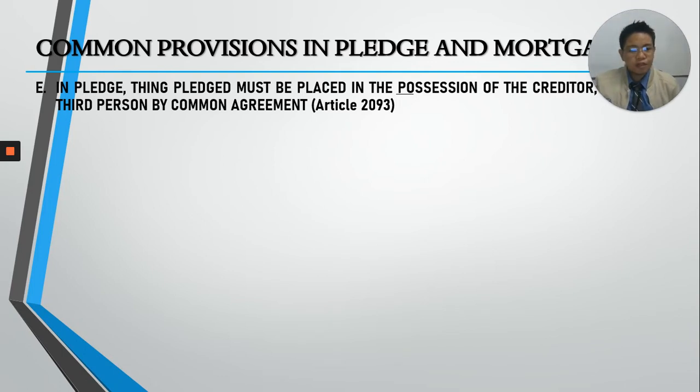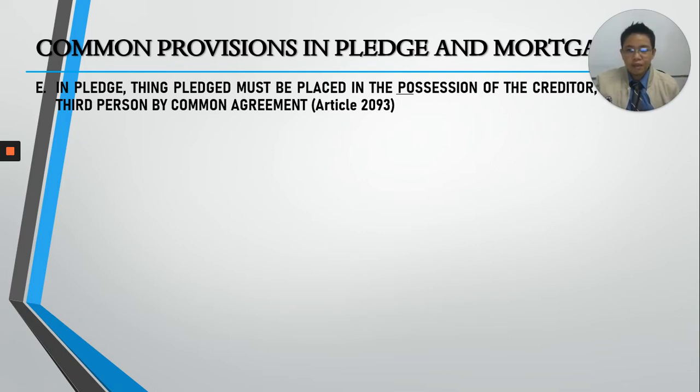It is perfected only by the delivery of the thing pledged. So, kanino i-deliver yan? Either to the creditor or a third person by common agreement. Hindi kasi maper-perfect ang pledge. Essential element yan ng pledge kasi nga ito ay real contract. Meron siyang special essential element in addition to the three common elements.